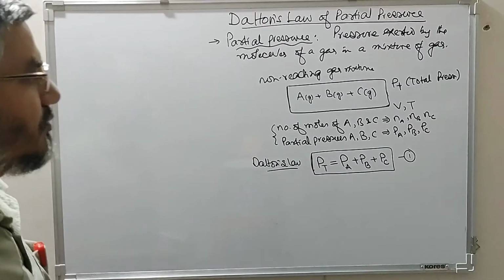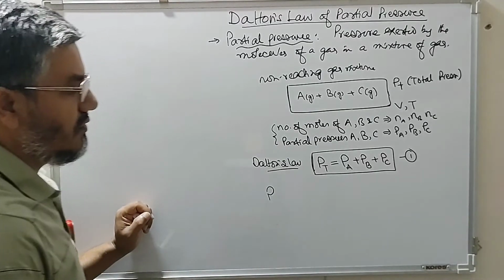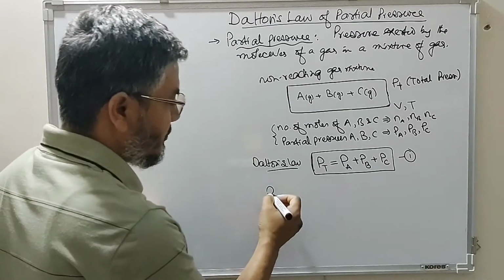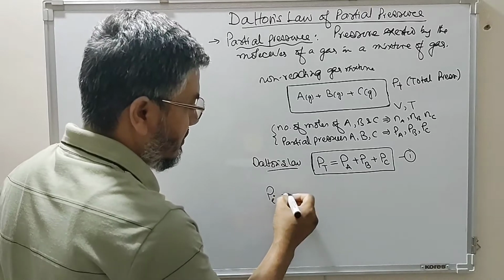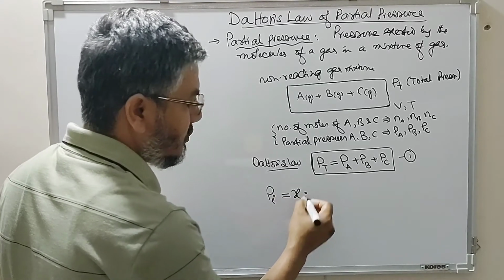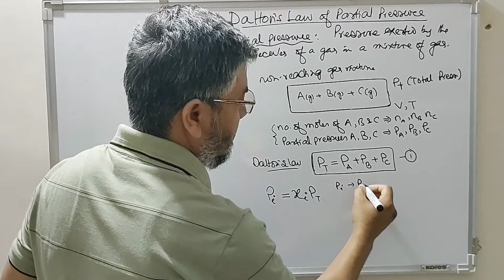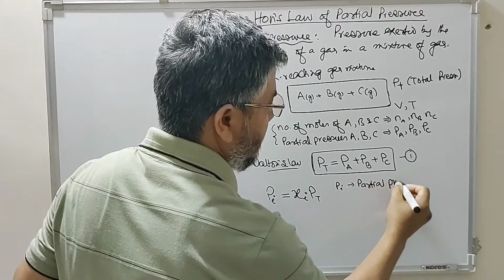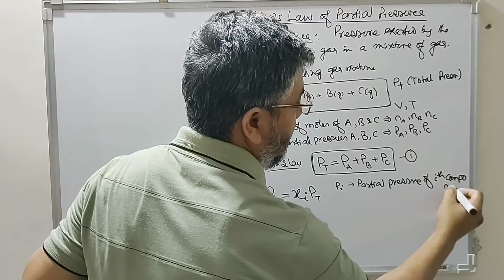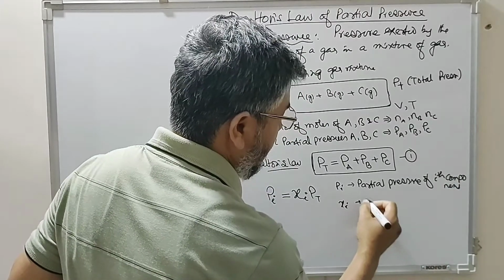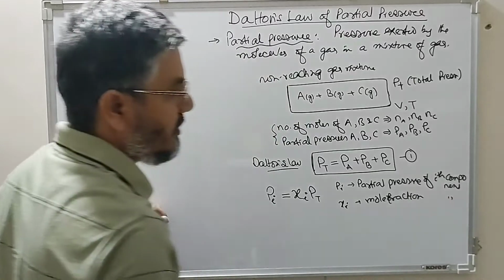So we have to define this partial pressure mathematically. Now the partial pressure of a gas in a mixture, let this be Pi, the partial pressure of the ith component in a mixture, is equal to the mole fraction of the ith component times the total pressure, whereas Pi is the partial pressure of the ith component in the mixture, where Xi is the mole fraction of the ith component in the mixture.